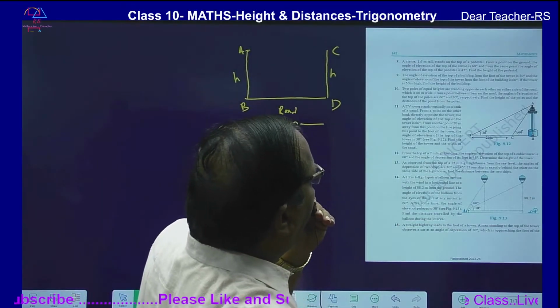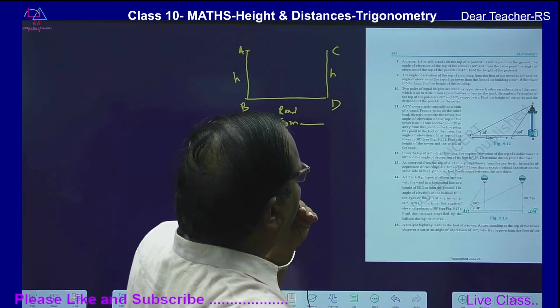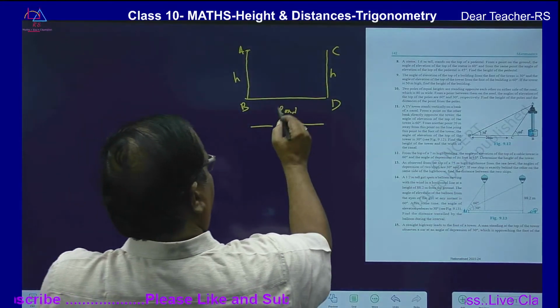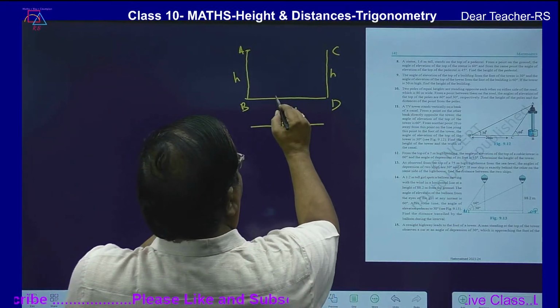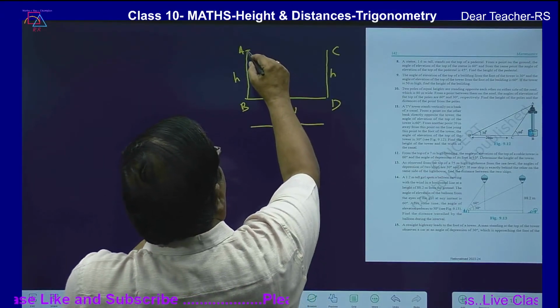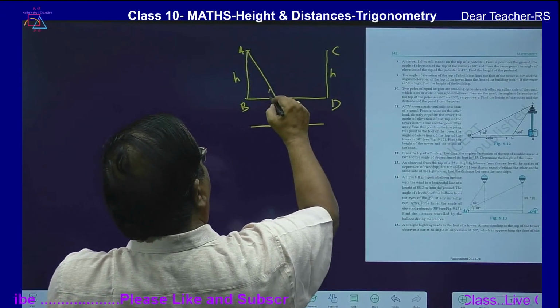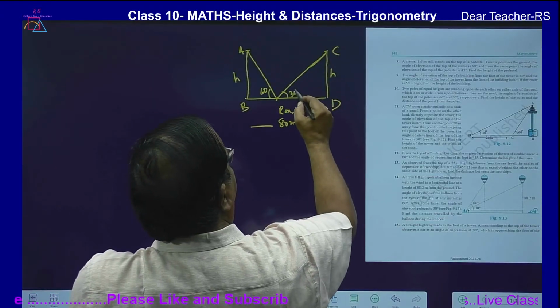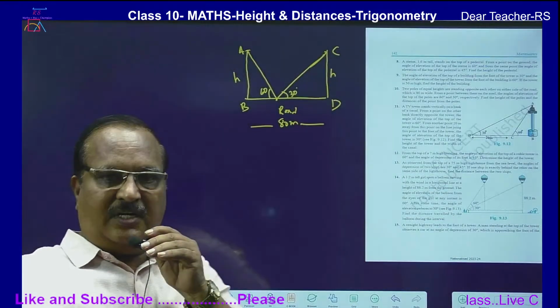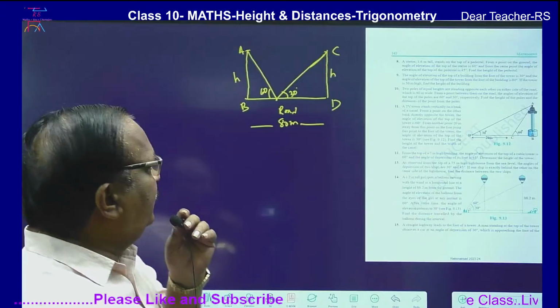And from a point on the road, say here, this angle is 60 degrees and this angle is 30 degrees. The diagram is not proper, but it is okay.